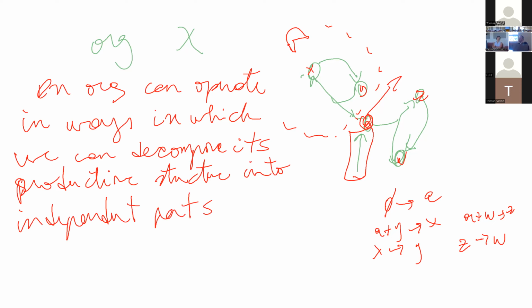Meaning perturbations will have limited impact.